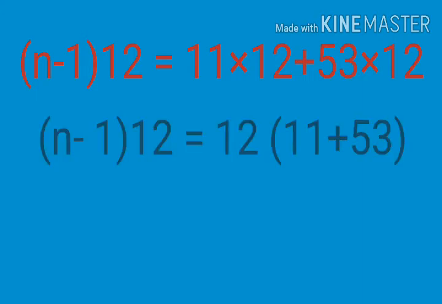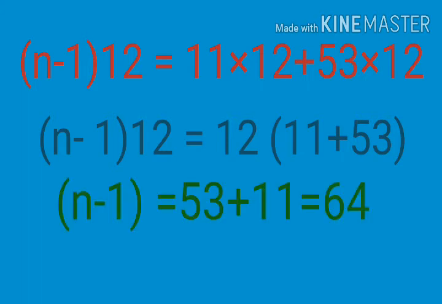From the right side, both terms 12 we can take outside. Now it becomes 12 into 53 plus 11. Now 12 is there on both sides into 12. So that we can cut. Then what is remaining? N minus 1 equal 53 plus 11. So n minus 1 equal 64. So what is n? 64 plus 1, that is equal 65. So this is an easy way to do the calculation, taking the common factor outside.